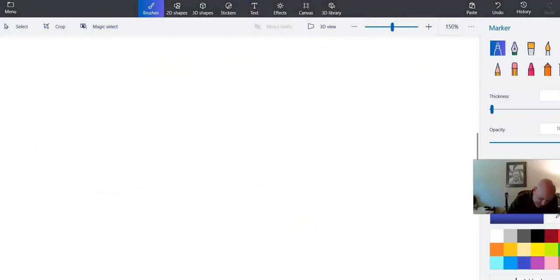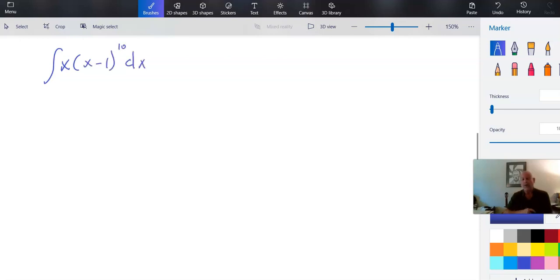All right, so let's suppose we have x times x minus 1 to the 10th power dx, and we're trying to find this indefinite integral. Well, the way you typically want to start is, you look for a composition.